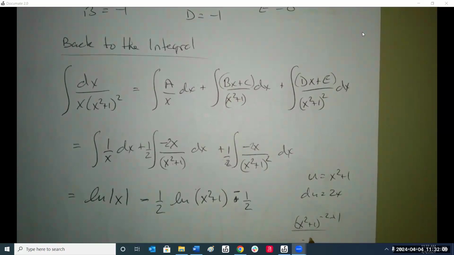Add 1, so it's -1, so it changes to a plus. That's 1 over x squared plus 1, plus c.